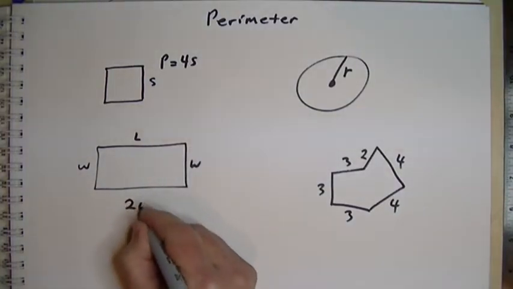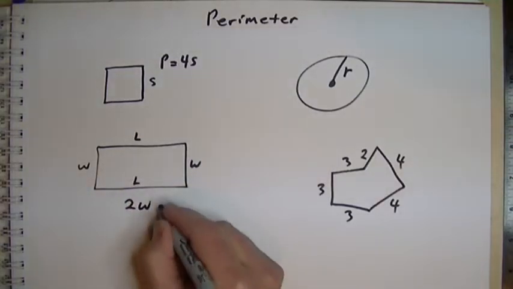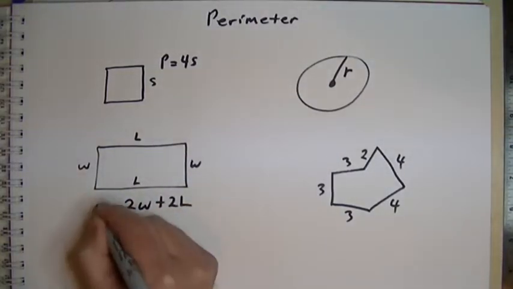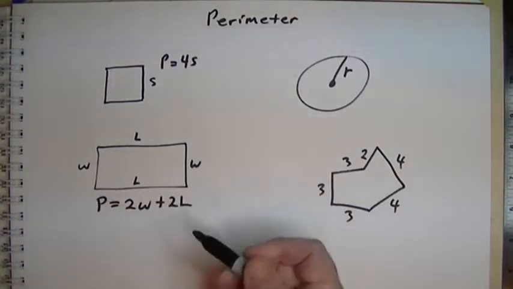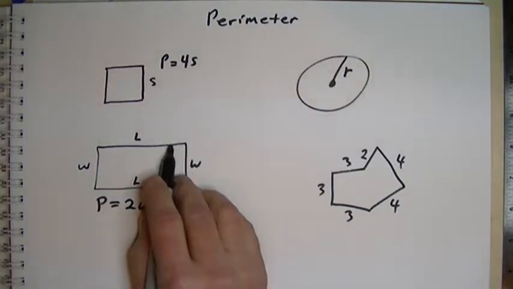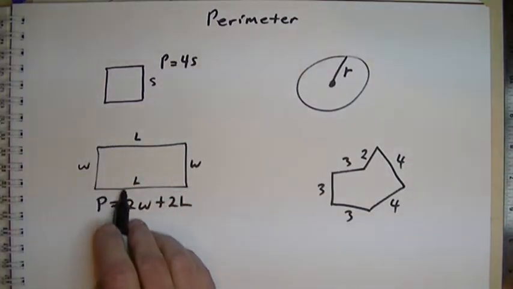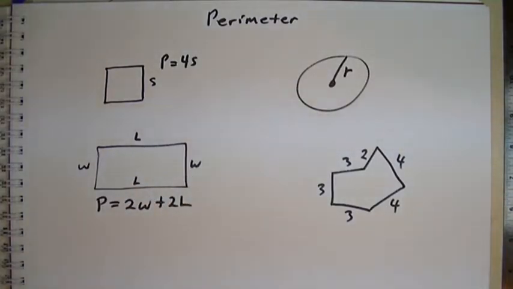So you have 2 times the width, and then you have a length up here and a length down here, so you're going to have 2 times the length. So your perimeter is 2 of the widths plus 2 of the lengths, and that gets you this distance. How far would you have to travel to walk around these square city blocks or whatever?